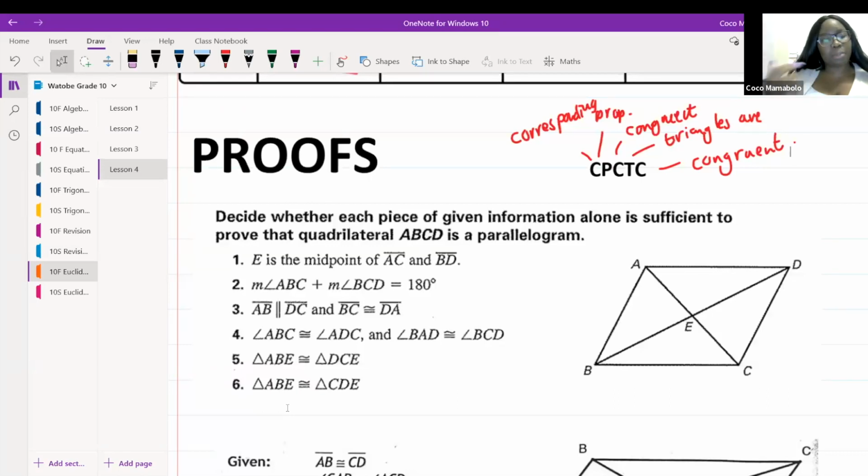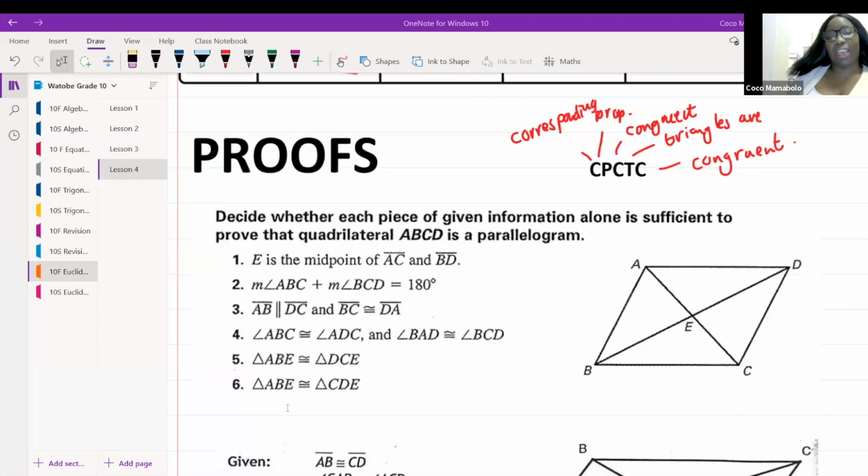So when we use CPCTC, it's because all the other sides that we've already proven already match up the congruency of a triangle. Okay. Oh, yes. Okay, this makes sense. I get what you're saying. Okay, yes. Okay. Yes, Michael, massage that mental brain matter because we're about to use it.